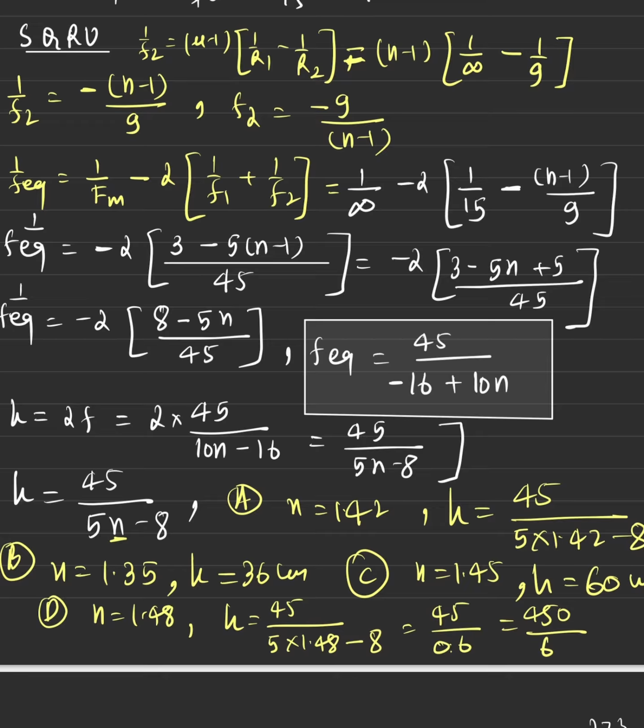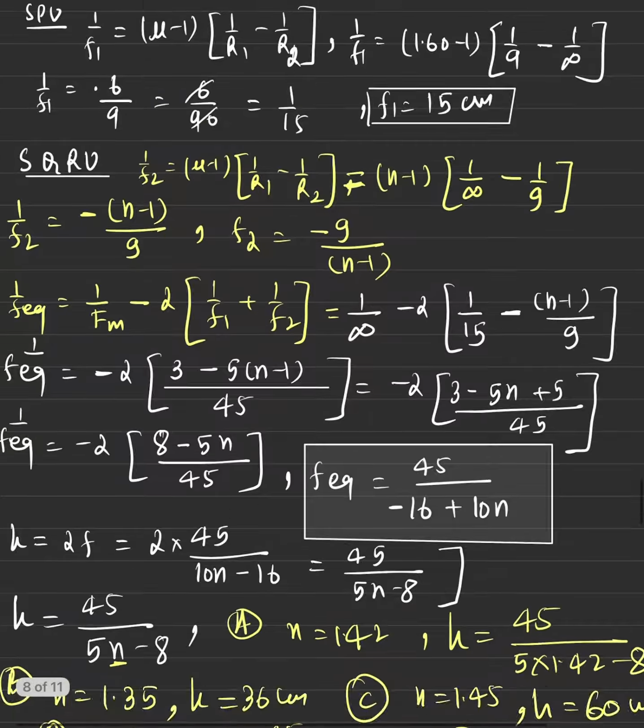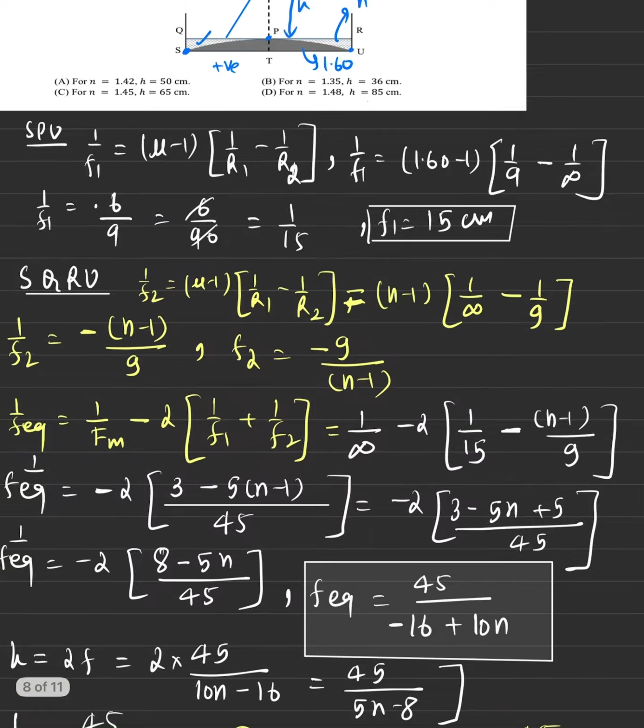So it will become 75. But in option D, the value of h is given as 85, which is also not correct. So option A is correct, option B is correct, option C is not correct, option D is not correct. Thank you.